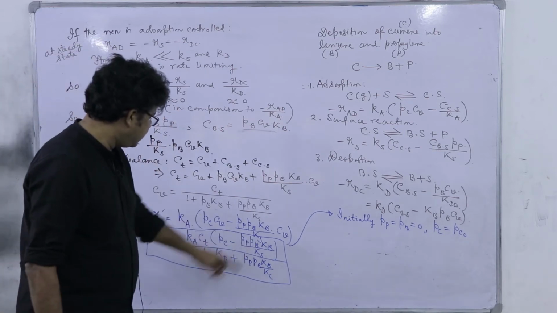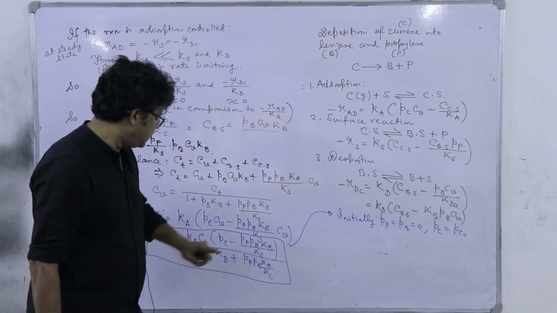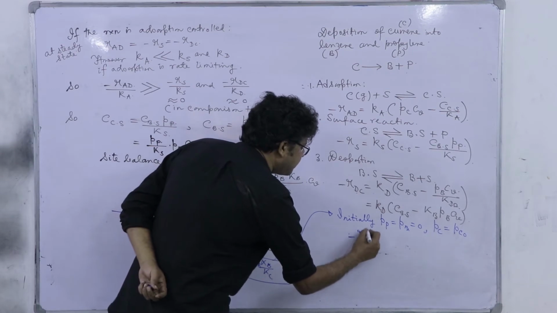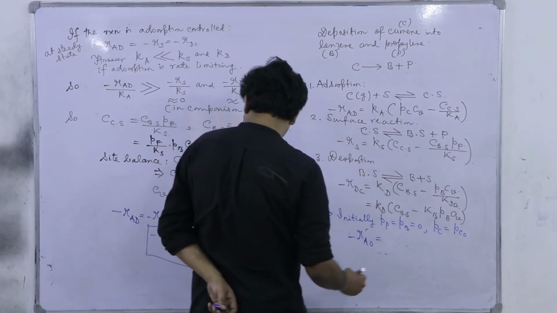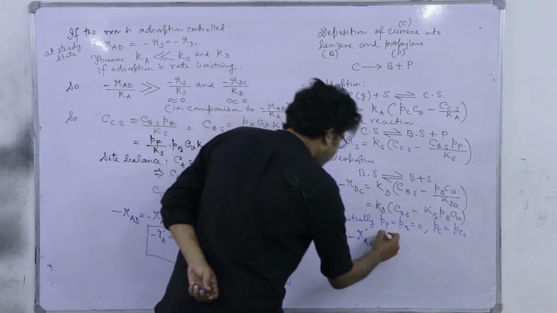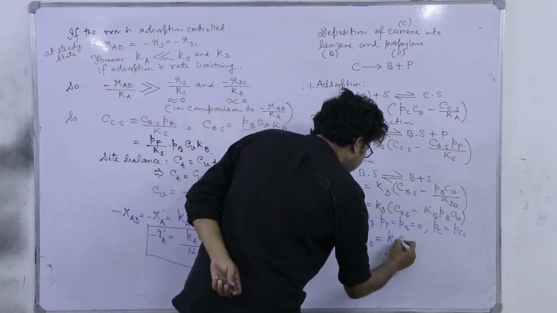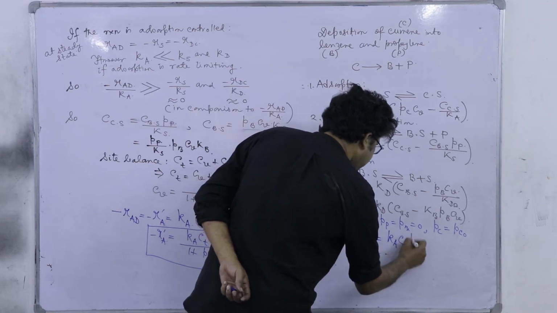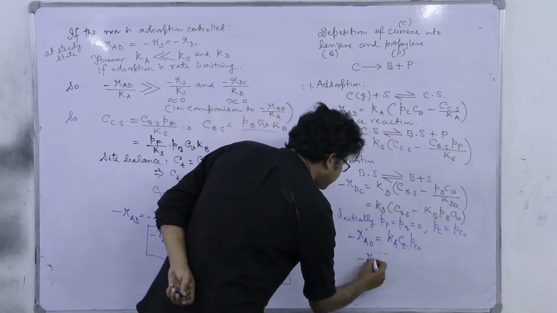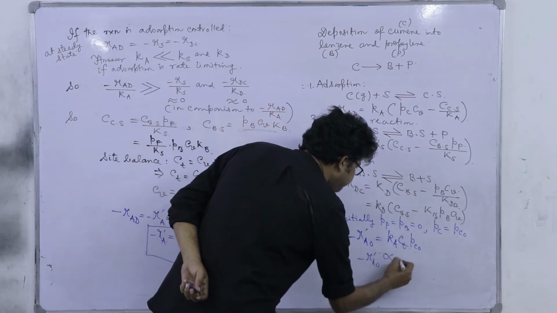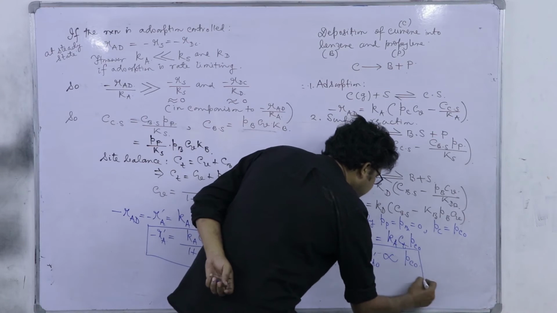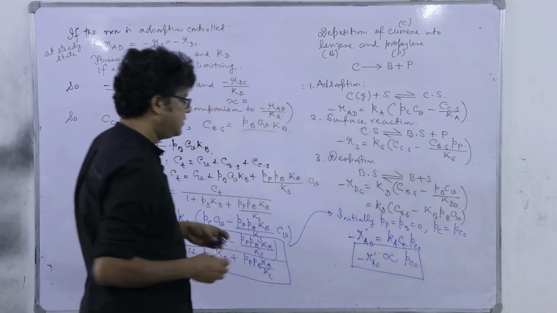So, this term is 0, this is also 0. So, minus of RA prime 0 is equal to Ka Ct into PC naught. So, that is a direct proportionality to the initial partial pressure of cumene. So, that is the hypothesis.